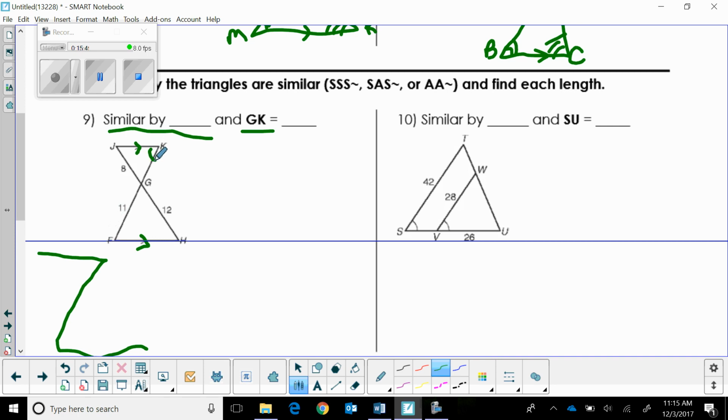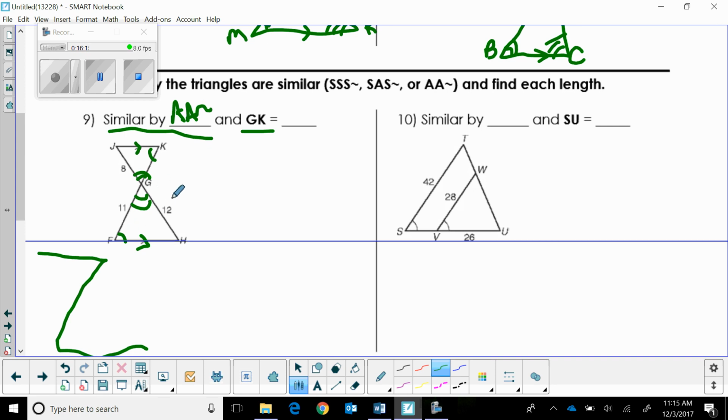So angle K has to be congruent to angle F. Okay, and also we know angle G is congruent to this other angle G, so JGK and HGF. Those two angles are congruent because they're vertical. We can get these two angles are congruent because of alternate interiors, and we can say they're similar by the very basic angle-angle. That's the easiest one to get.